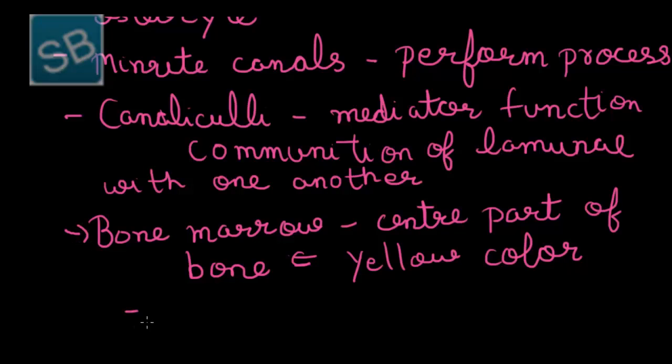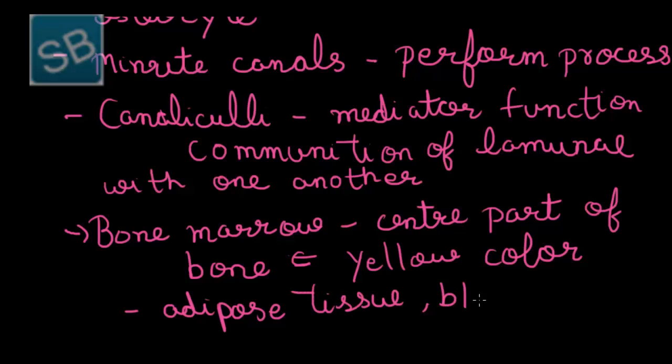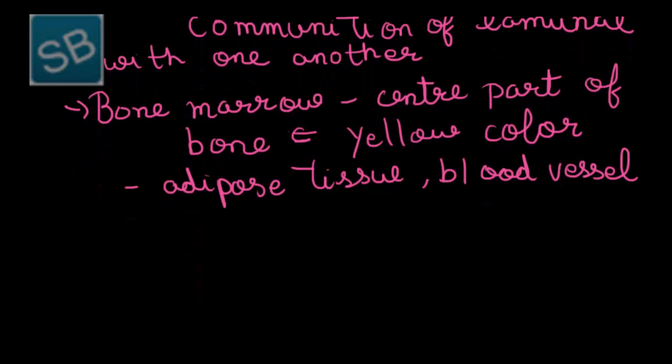It is basically made up of adipose tissue and blood vessels. The bone marrow helps in increasing the thickness by the addition of successive layers to the outside as well as to the inner side.